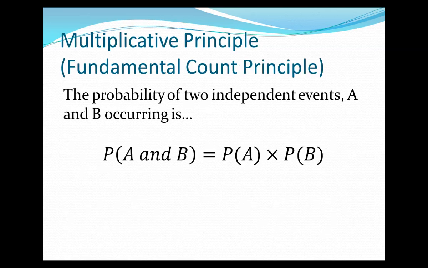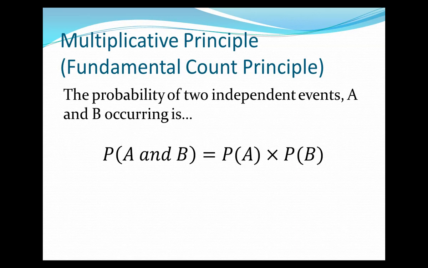We've already looked at how to find the probability of event A happening or event B happening, and we added probabilities. To find the probability of 2 events happening at the same time, so probability of A and B, we multiply probabilities together.